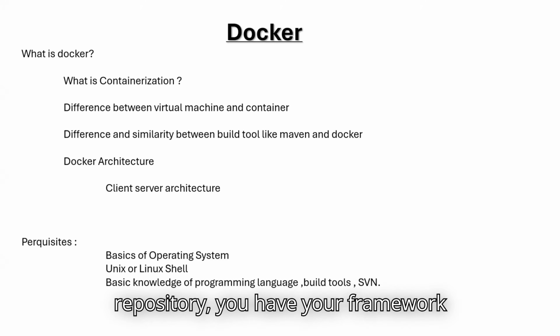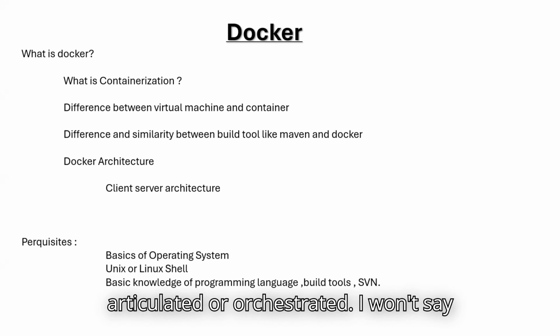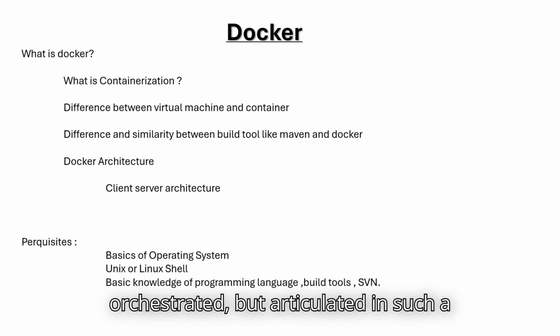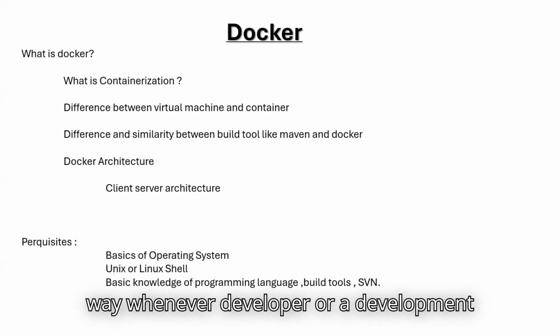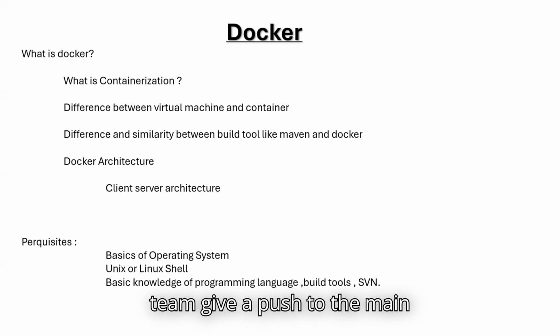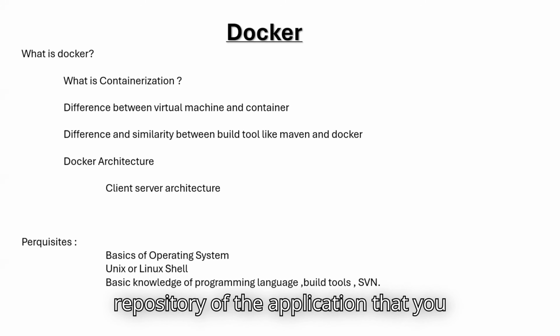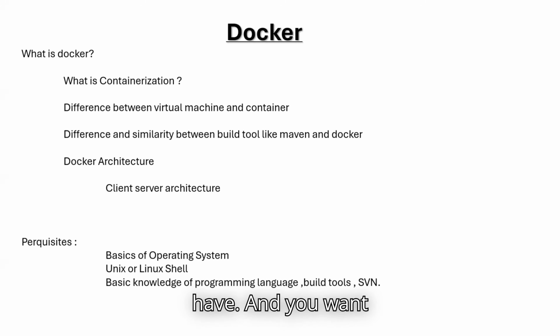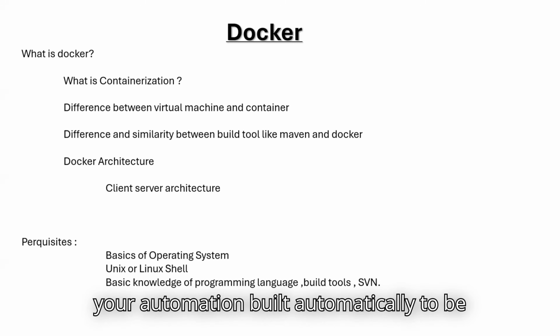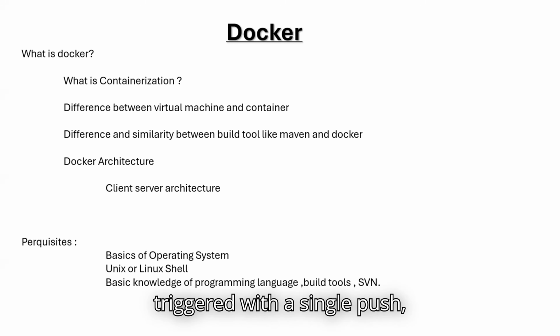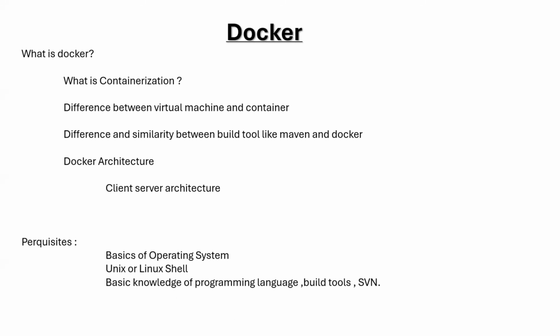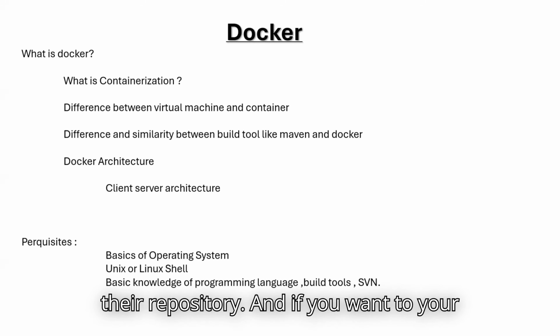You have your framework articulated in such a way that whenever a developer or development team gives a push to the main repository of the application, your automation build is automatically triggered with a single push, whatever feature they are pushing to their repository.